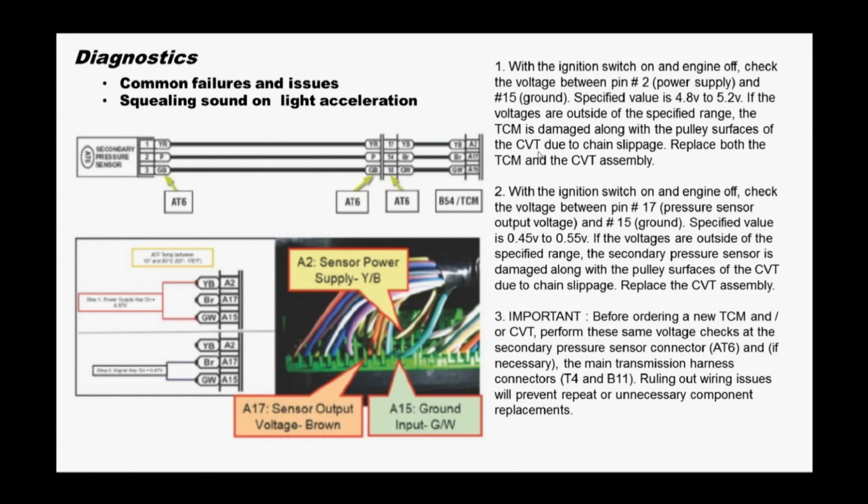Basically, what you are checking there is the voltage with no pressure on that sensor. If the voltages are outside of this range, they're saying the secondary pressure sensor is damaged, along with most likely the CVT chain due to slippage, and they want you to replace the CVT unit.